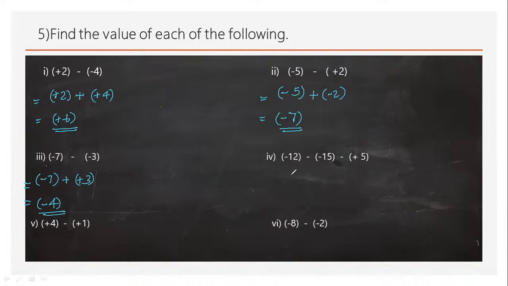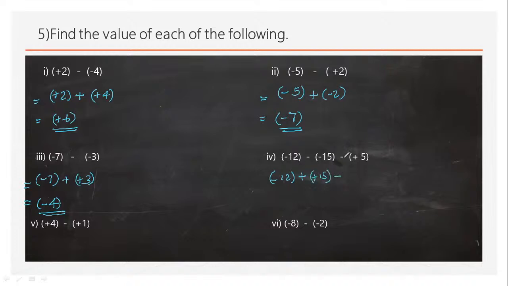Minus 12 minus minus 15 minus plus 5. Now you can write this with the additive inverse of each. Minus 12, instead of minus write plus. Then write the additive inverse of minus 15, plus 15.